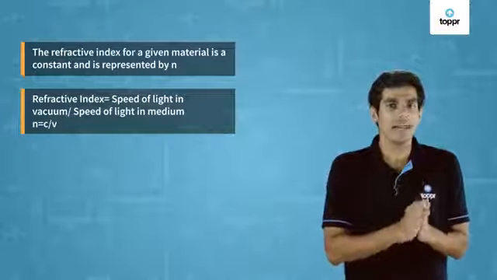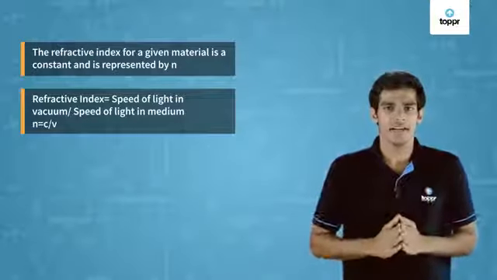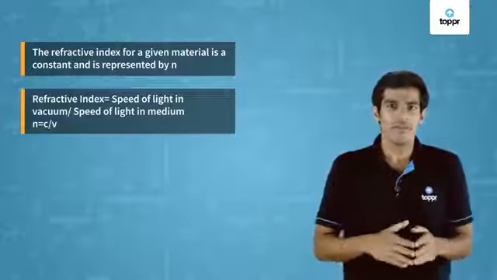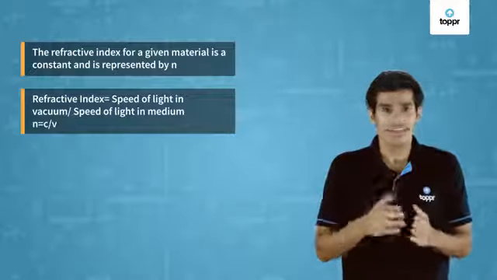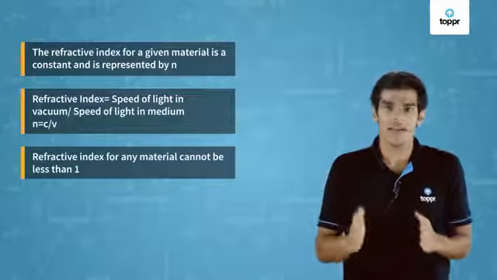Note that the speed of light in vacuum is 3 × 10^8 meters per second, which is the fastest, and in any other material, the speed of light will be slower than this. Thus, we can say for any material, the value of refractive index will always be greater than 1.